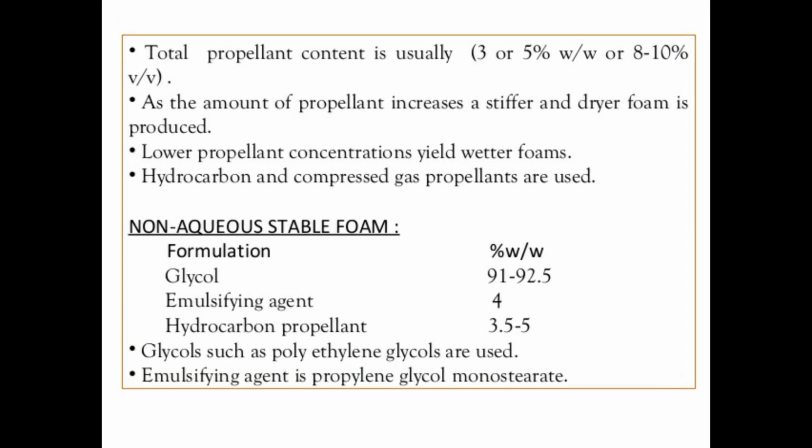The total propellant content is usually 3 to 5% weight by weight, or 8 to 10% volume by volume. As the amount of propellant increases, a stiffer and drier foam is produced. Lower propellant concentrations yield wetter foams. Hydrocarbon and compressed gas propellants are used.